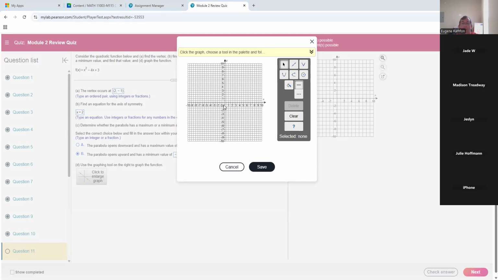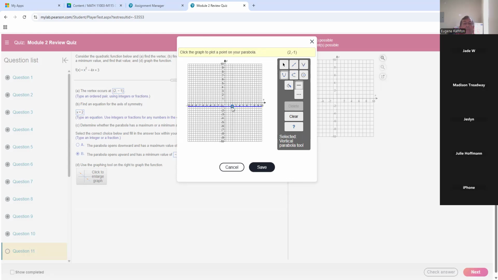All right, so let's see. Pick the U-shaped tool. Oh, y'all, this only got 2 dots on it, so I guess I only need 2 points then, right? So it tells me to do the vertex, which was 2, -1. So go right to 2 and down 1. All right, there's my 2, -1.